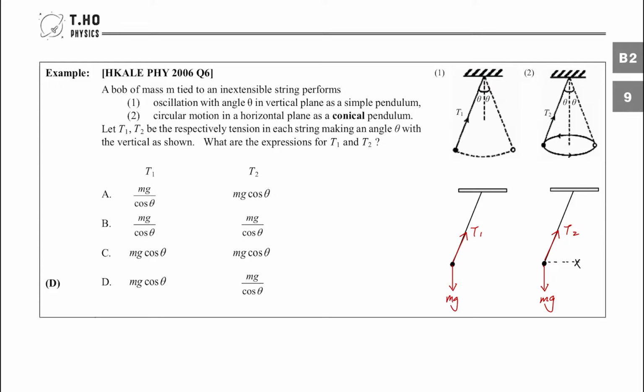And very importantly, when you try to resolve the force, you must consider which direction you should resolve the force into. Like in situation 1, you ask yourself one crucial question, that is, now the bob is here.